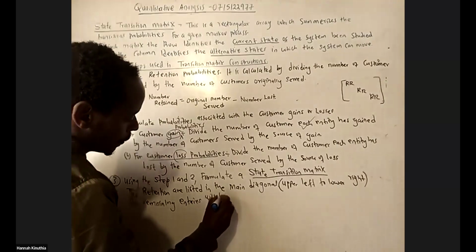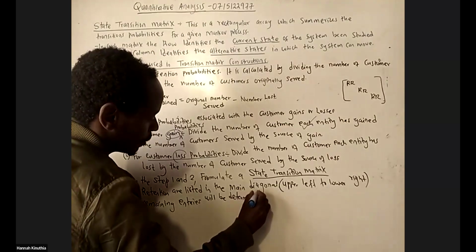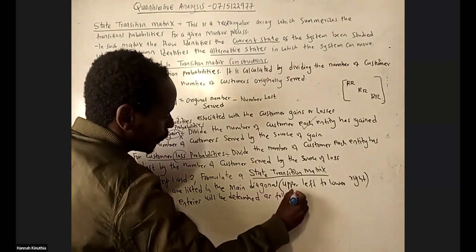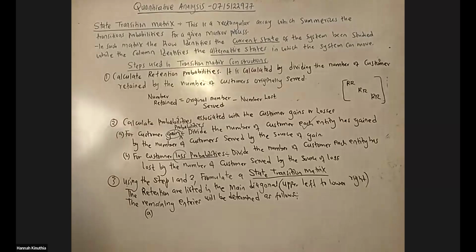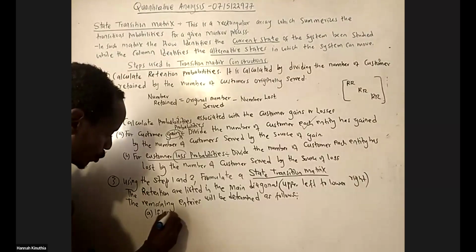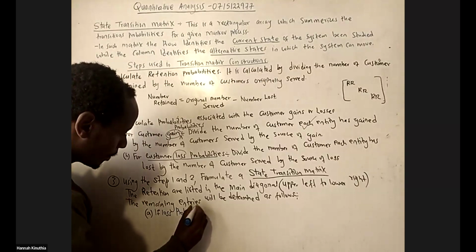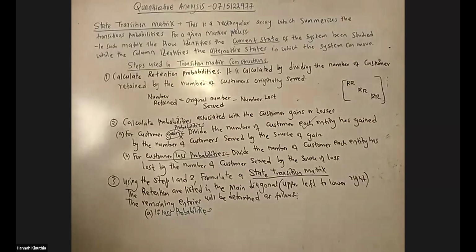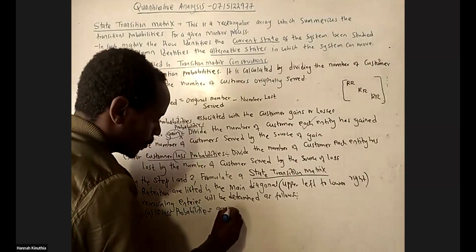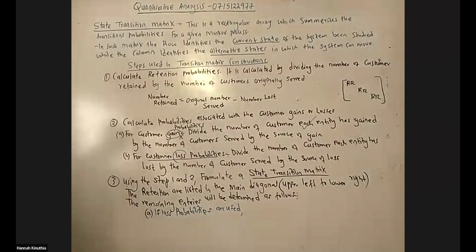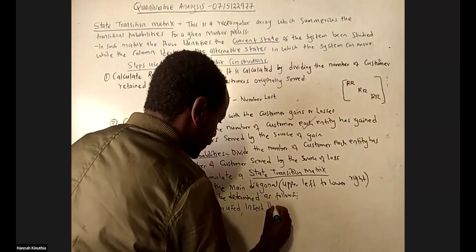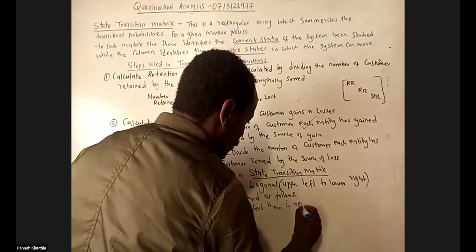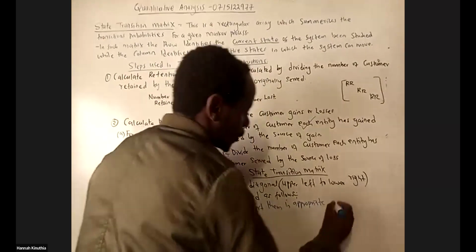Number A: if loss probabilities are used, insert them in the appropriate row cell.